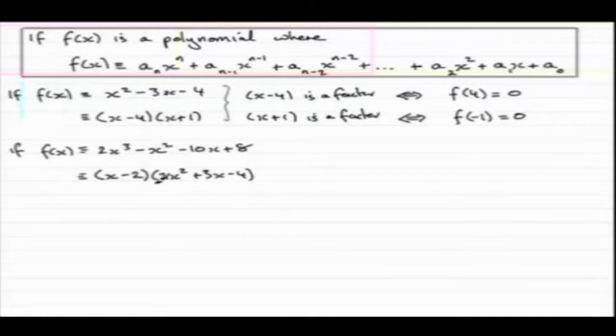Now I'm not expecting you to be able to factorize this at this stage. All I want you to appreciate is that if you were to multiply these two brackets out, you'd get this polynomial here. But nonetheless, x minus 2 is a linear factor of f of x. We've got two factors here, x minus 2 multiplied by this other factor, 2x squared plus 3x minus 4.